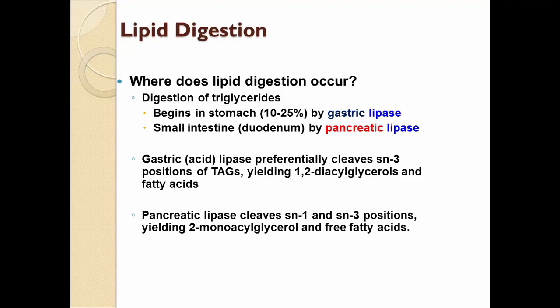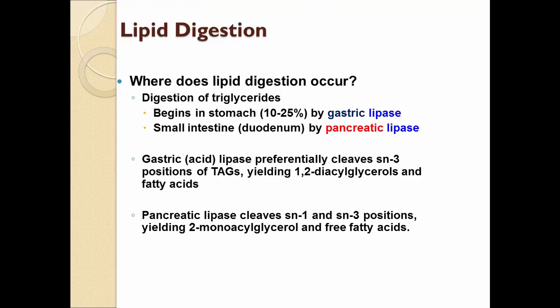And the 2 enzymes that are very important to break down triglycerides are lipases: gastric lipase and pancreatic lipase. By the name you can see that gastric lipase is secreted in the stomach, right? And pancreatic lipase is secreted by the pancreas. These two lipases do the same thing, breaking down triglyceride.